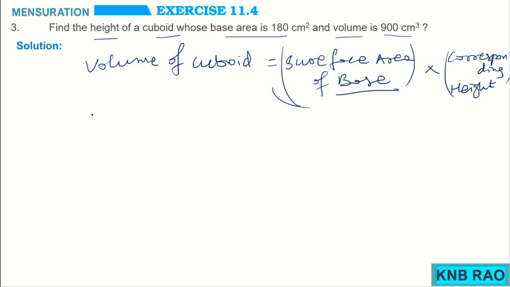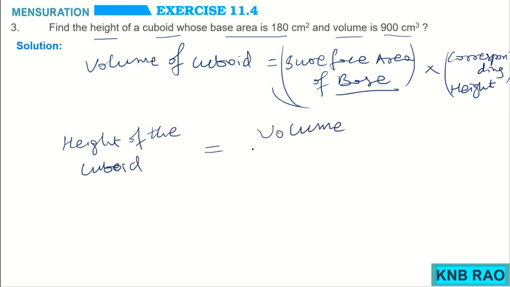So, when I want to find volume of cuboid, I have to find by multiplying both base area and height. But here I know already volume and I know already base area, I need to find height. That means height of the cuboid is equal to volume of cuboid upon the base area.